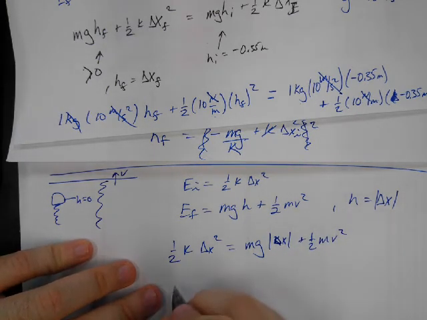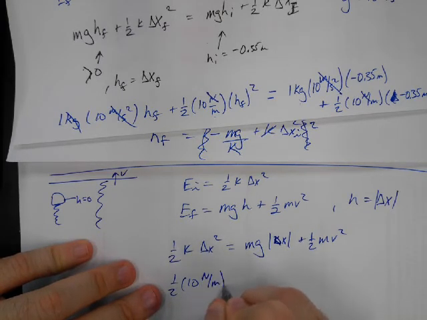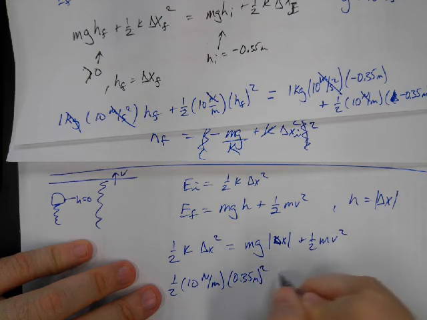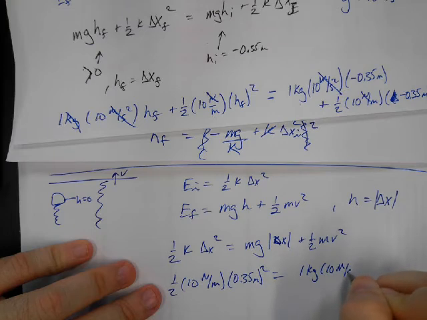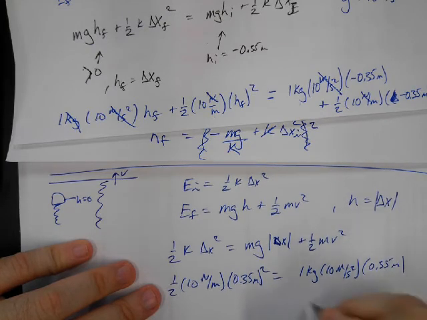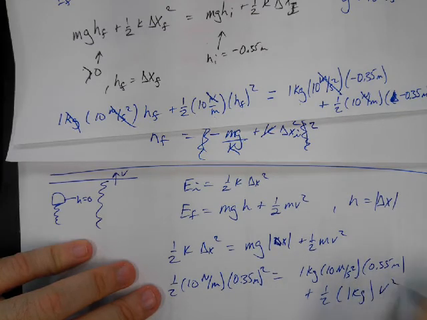And then just put in numbers. 1/2 times 10 newtons per meter times 0.35 meters squared is 1 kilogram times 10 meters per second squared times 0.35 meters plus 1/2 times 1 kilogram v squared.